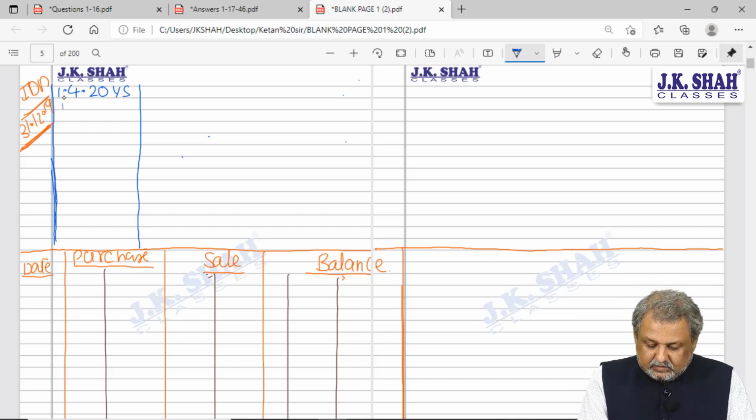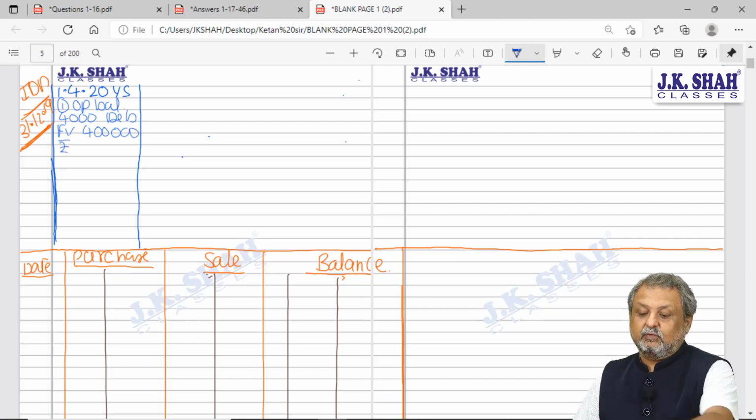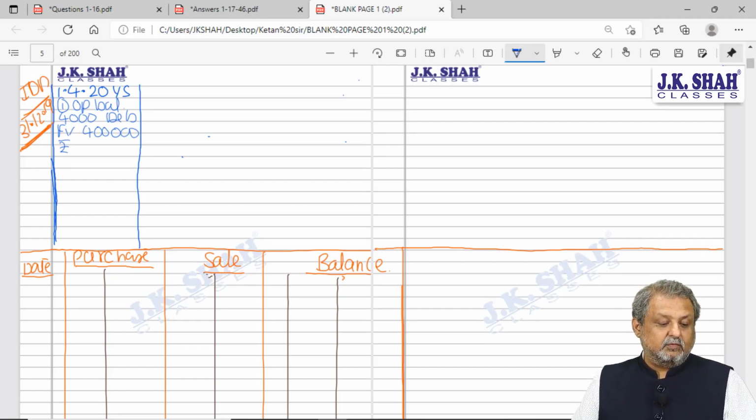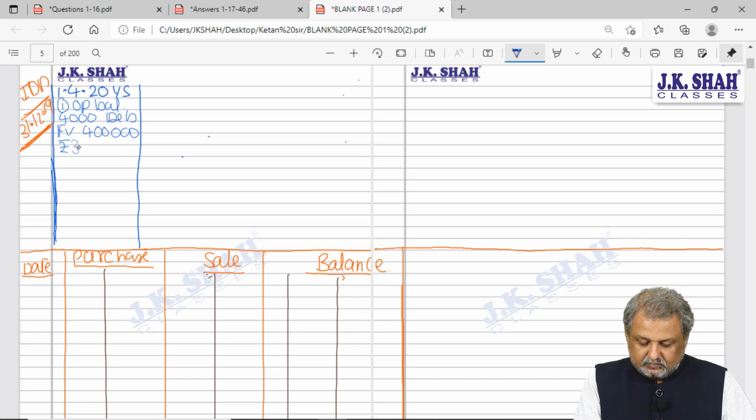So opening balance, point number 1, 4,000 debentures, face value will be 4 lakhs, and the amount, tell me, 4,000 into 98, 3,92,000. Then point number 2, accrued interest.